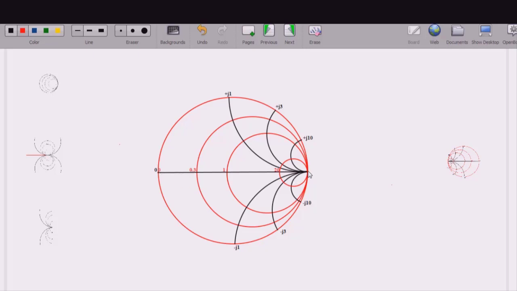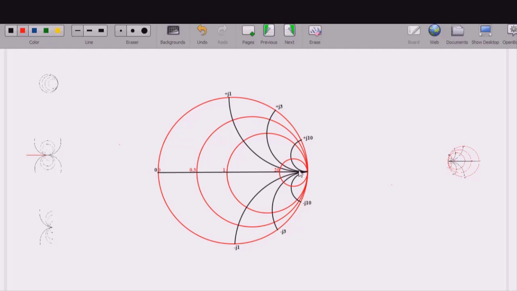So we are not interested in negative resistance. That's why outside this circle there is a region of negative resistance, and since we are not going to deal with that, the remaining parts of the circles which represent reactance are not taken into consideration. Only part of each circle is used, so it becomes an arc here.